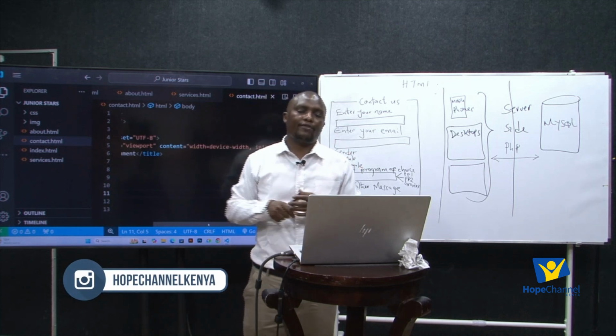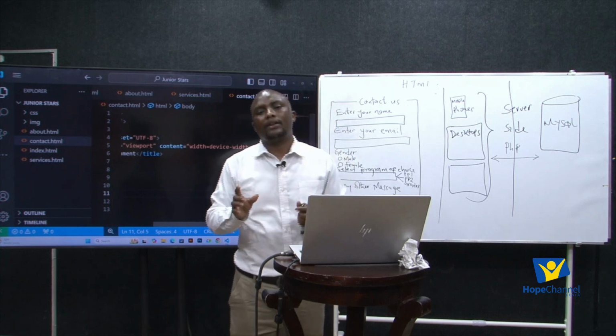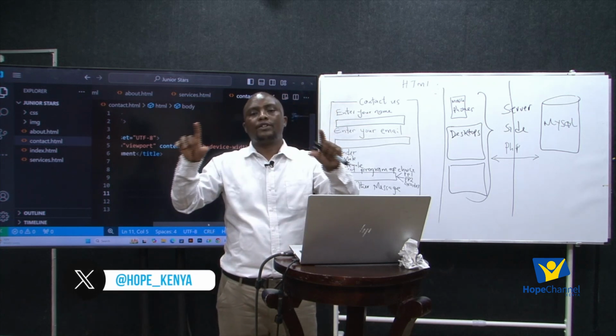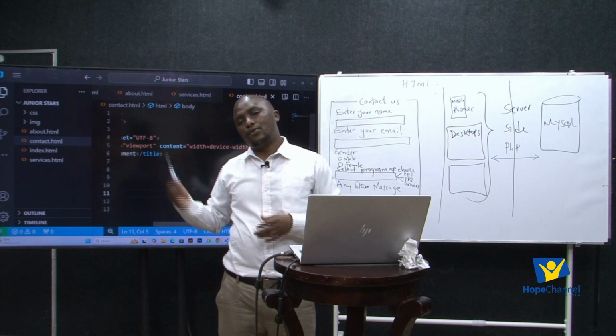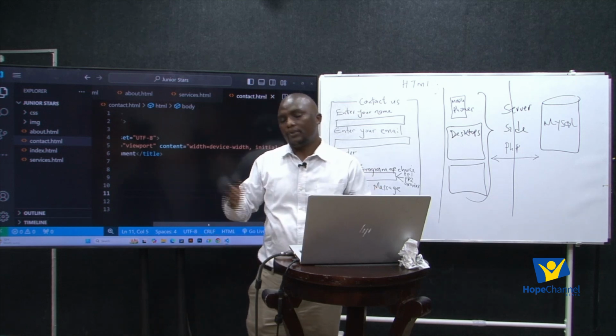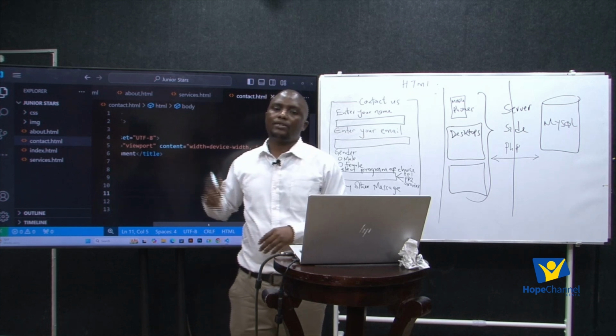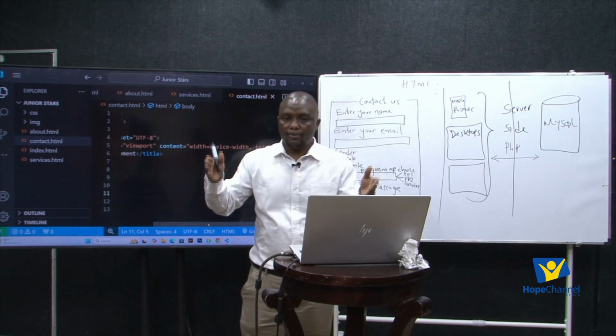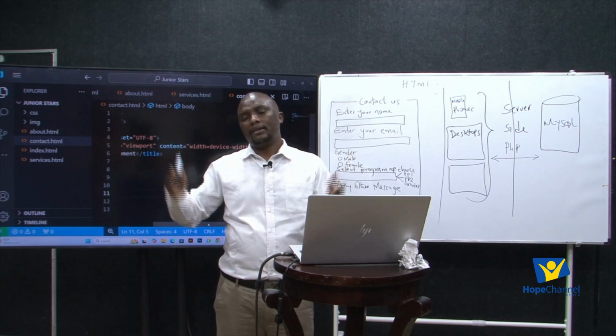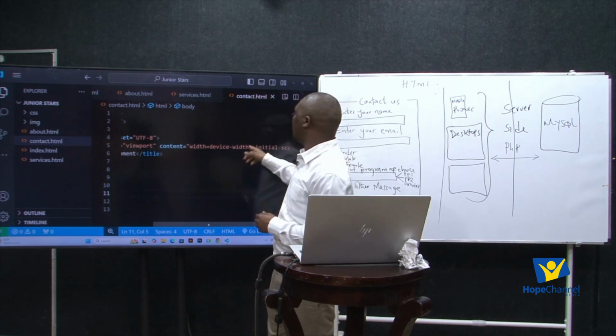Like for example, if a user is using a phone, then we expect the website to fit there. If a viewer is using a tablet, we expect our website to fit there. If the viewer is using a desktop or a laptop or a device with a greater screen, then we expect our website to fit there.